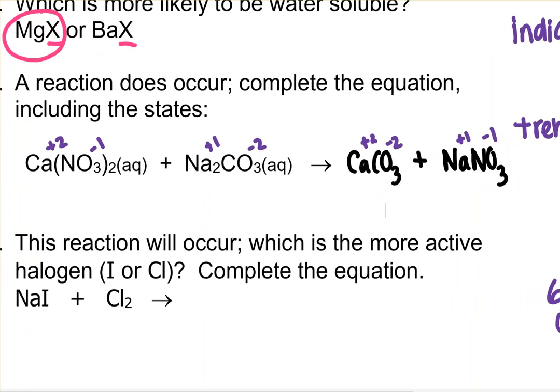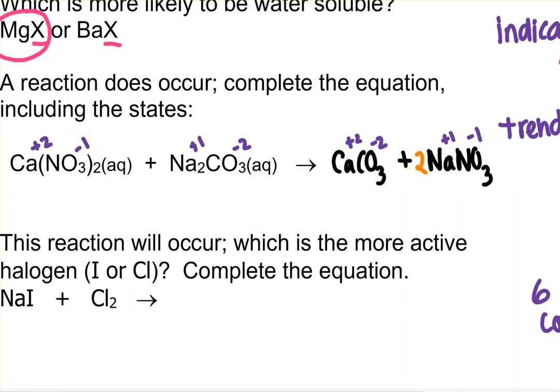What else can I do? Well, I could balance this. Let's go ahead and do that before I forget. So 2 sodium, 2 sodium, 2 nitrate, 2 nitrate, 1 calcium, 1 calcium, 1 carbonate, 1 carbonate. And then what else might I do? Well, I'm supposed to include the states, so I need to say aqueous or solid.